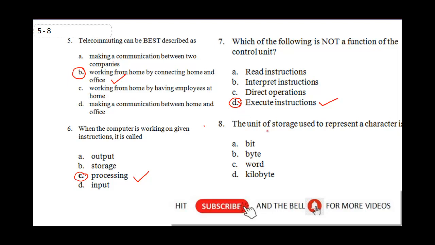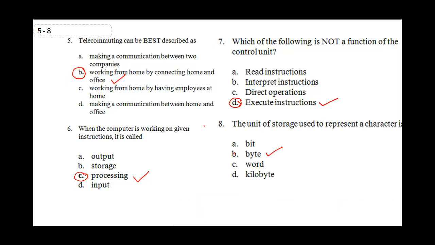Now question 8, the unit of storage used to represent a character is called A, bit, B, byte, C, word, D, kilobyte. The correct answer here is byte. Now, I want you to know that a bit is actually used for passing information in 1s and 0s.